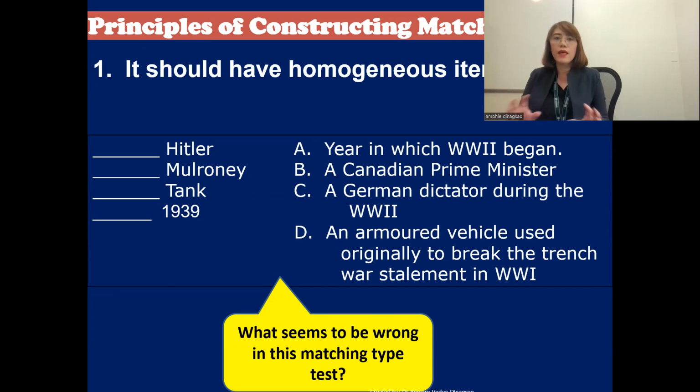Those should be the items. But the example that I have here violates the number one guideline or principle in constructing a matching type test, which is that it should have homogeneous items.